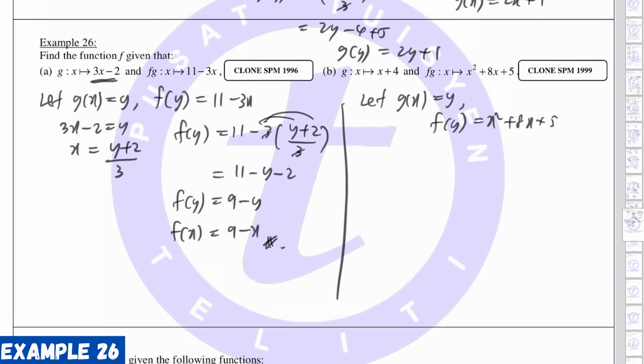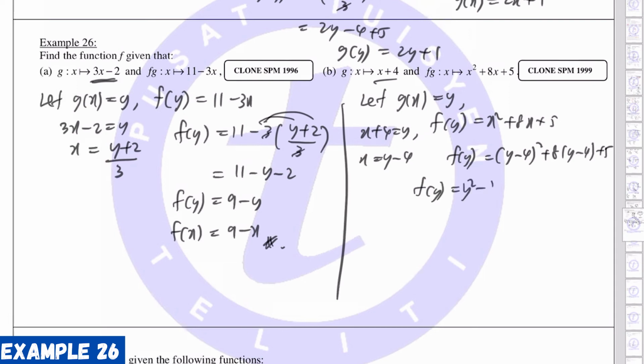Now you go back to the function g(x). g(x) is x plus 4. So x plus 4 is y. x is now y minus 4. Take this x and replace it in here. As you expand, this will be y squared minus 8y plus 16, 8y minus 32 plus 5.